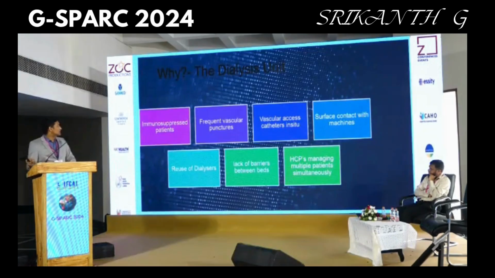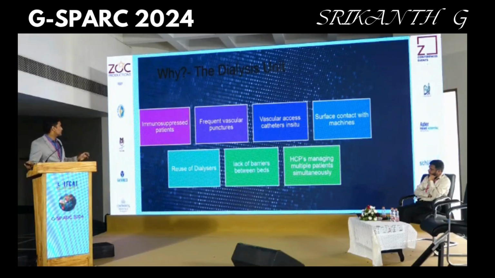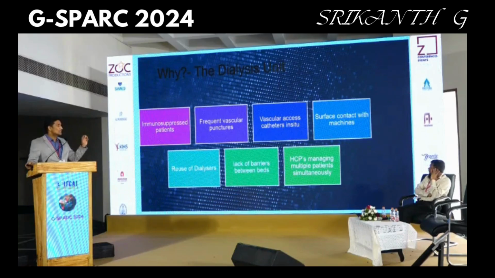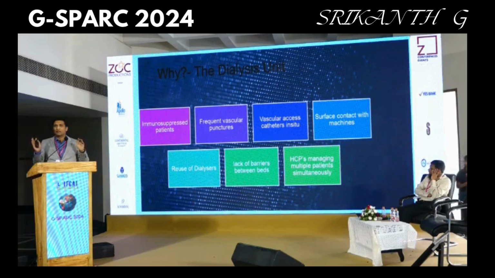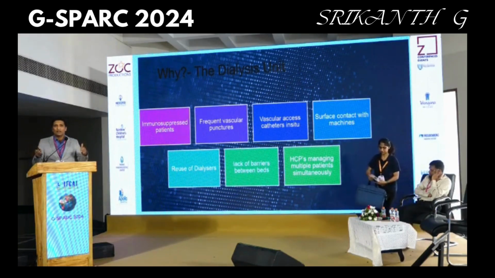So what is the reason for such increased risk of infections in a dialysis unit? Immunosuppressed patients, frequent vascular punctures, vascular access catheters in situ, surface contact with machines, reuse of dialyzers, and healthcare personnel managing multiple patients. You might have seen a lot of dialysis units with healthcare personnel.